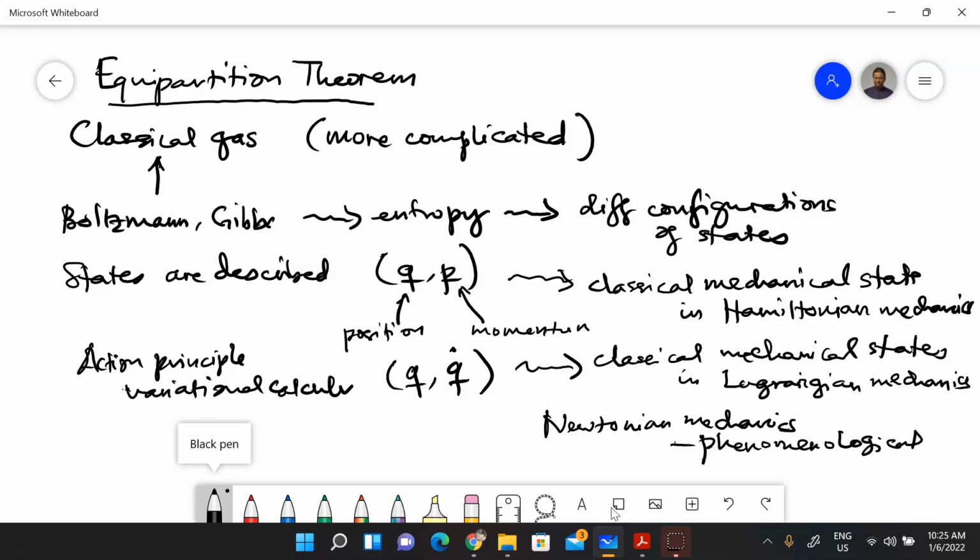It has this particular mathematical framework that is equivalent to Newtonian mechanics in the end. Okay, so that's the main thing. But the idea is that you have this pair of variables that gives you the state of the mechanical system.